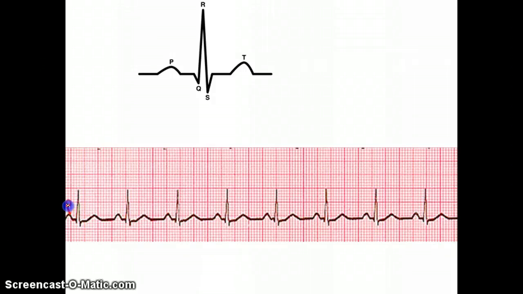Here is the P, Q, R, S, T. This is a P, Q, R, S, T. P, Q, R, S, T. And so you need to do this over and over and over again.